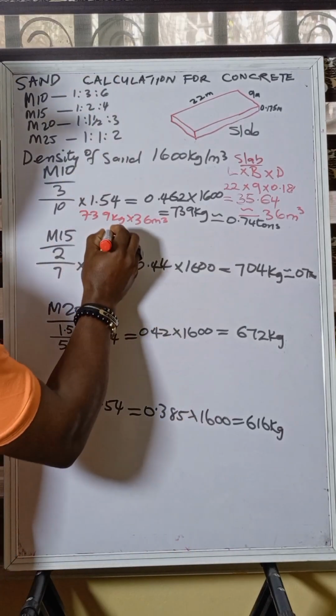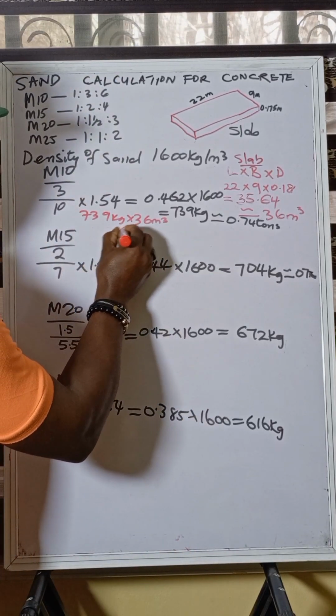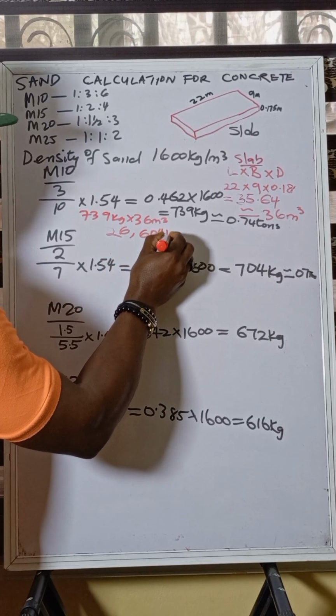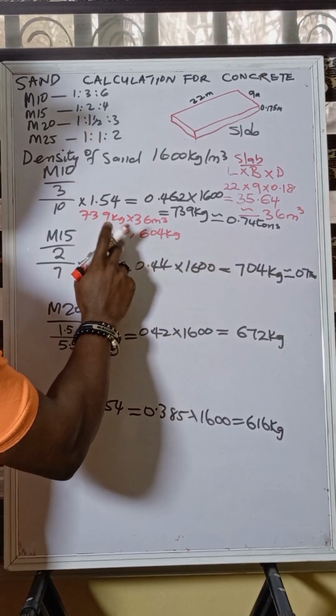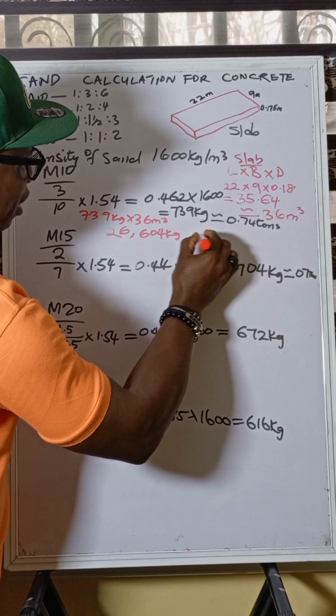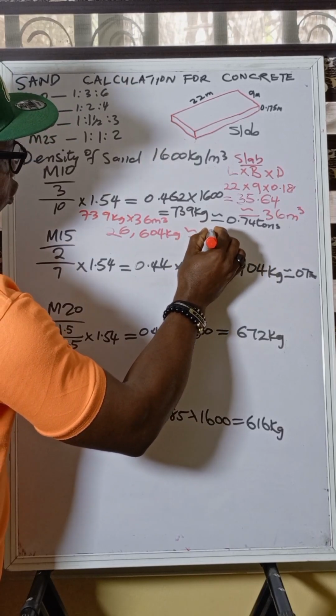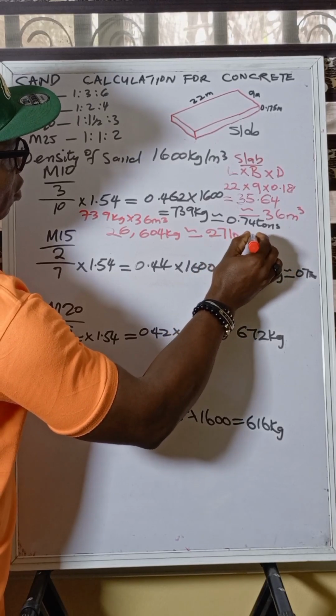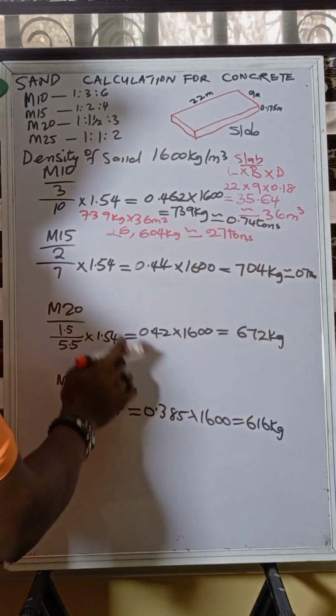So this will give us 26,604 kg of sand, approximately 27 tons.